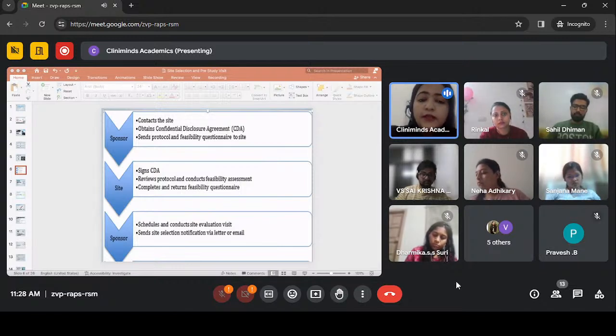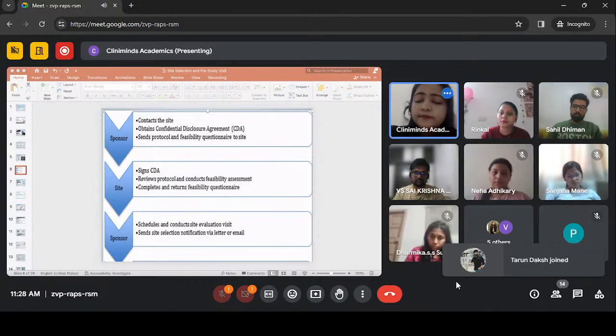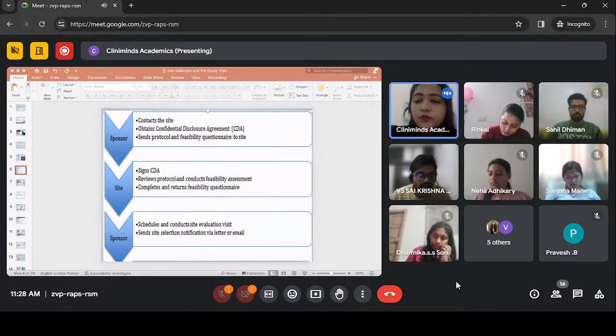Okay, so after that, they are going to complete the feasibility assessment. The feasibility questionnaire is sent out by the sponsor, right? Now this feasibility questionnaire will contain a lot of questions. After this, we are going to see what questions are there in it. The principal investigator, with the help of the clinical research coordinator, is going to complete the feasibility questionnaire.